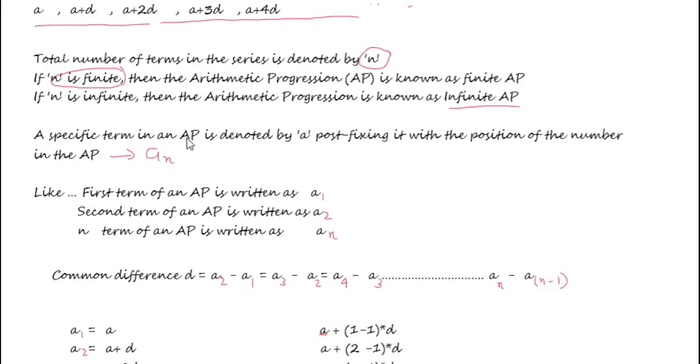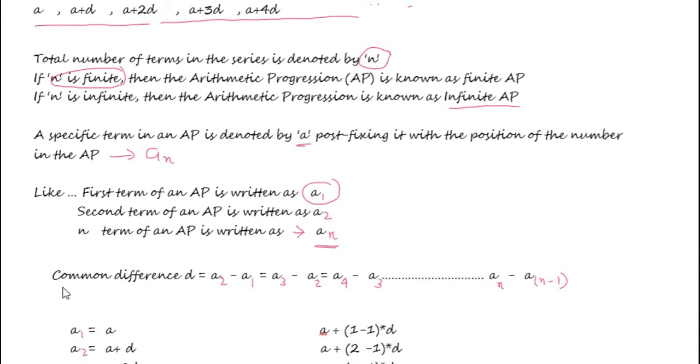The specific term of an AP is denoted by a, postfixing it with the position of the term in the AP. That means a_n means the nth term of the AP. Like here, the first term of the AP is written as a1, a and then the position of the term. This is the first term. The second term is a2. Similarly, the nth term is written as a_n.